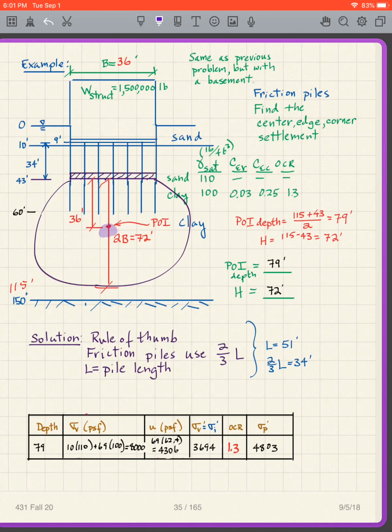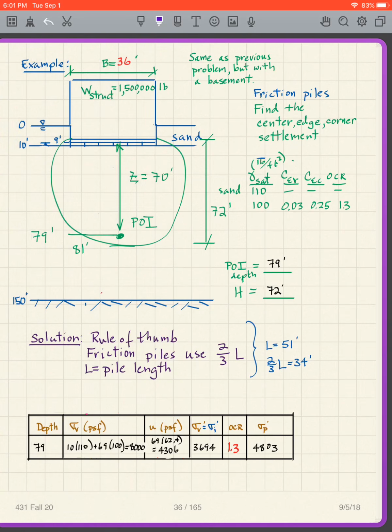So we could run into the case where, if we have really long piles and we transfer the point of interest deep into the ground, the basement may have no effect. So there may be almost no advantage to having a basement if we have long piles. So that's what we learn. Whereas if we have a mat, there's a huge, huge advantage to having a basement. But if we have piles, the basement may help us, it may not. And that's what we are looking at here.